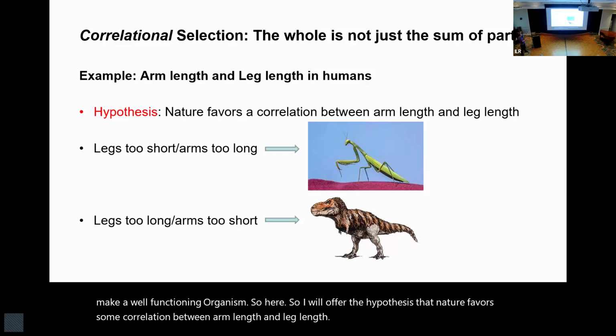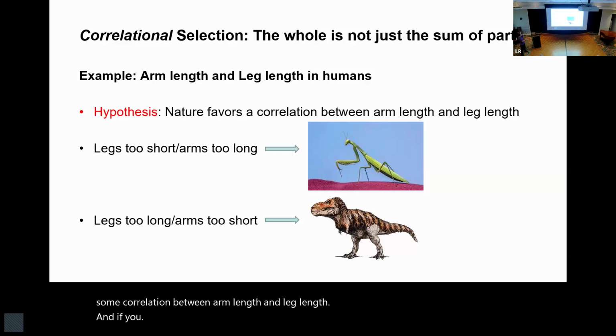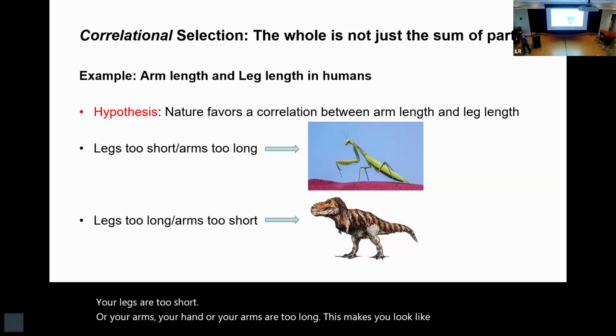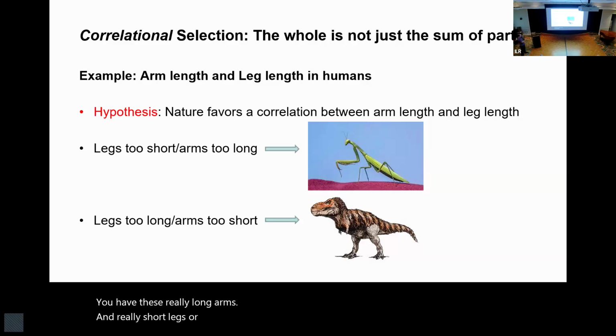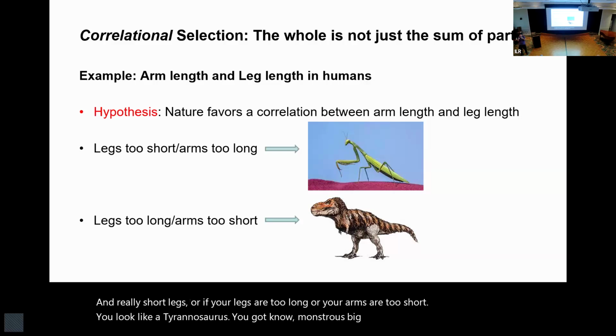If your legs are too short or your arms are too long, this makes you look like a praying mantis, with really long arms and really short legs. Or if your legs are too long or your arms are too short, you look like a Tyrannosaurus, with monstrous big chicken legs and little teeny stubby arms.